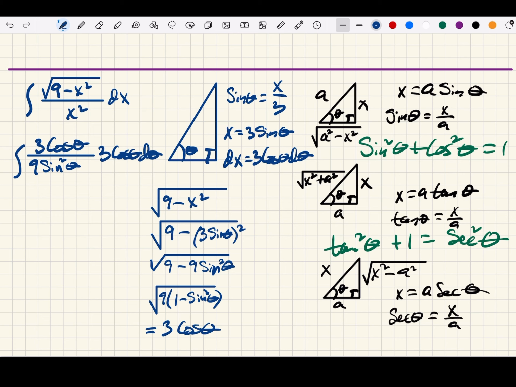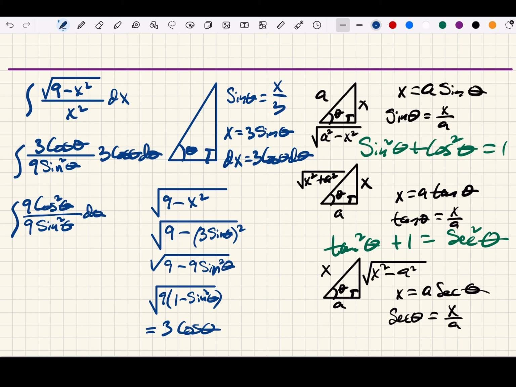All right, so what do we got here? We got the integral of 9 cosine squared theta over 9 sine squared theta d theta. Now what?